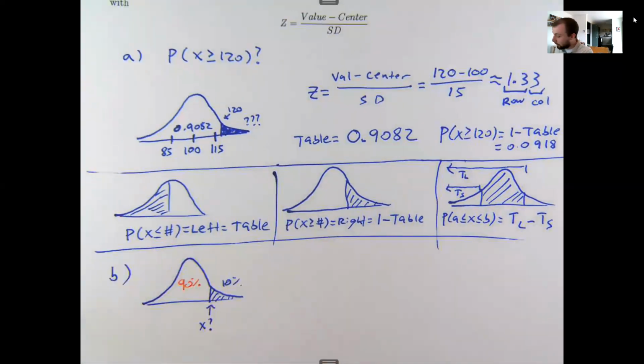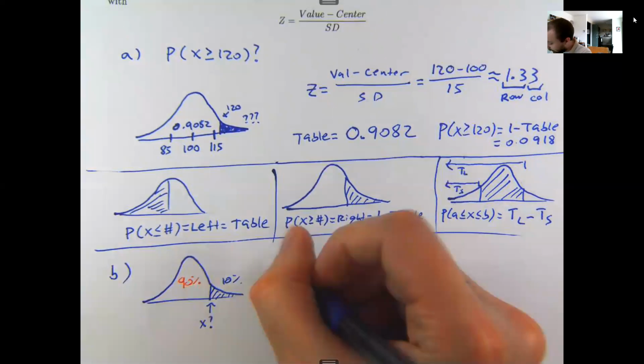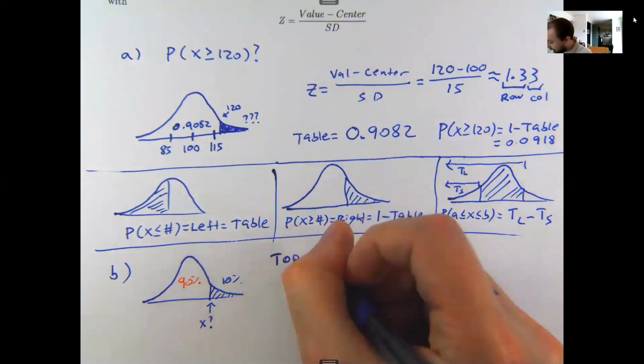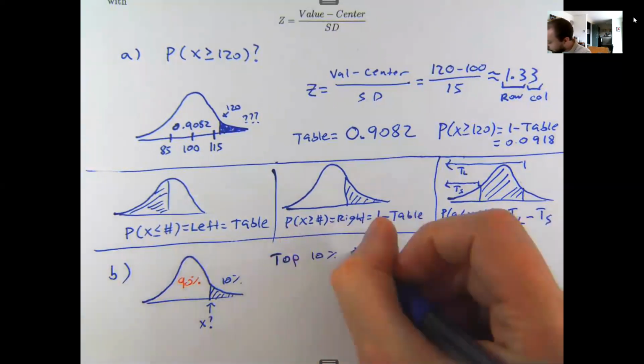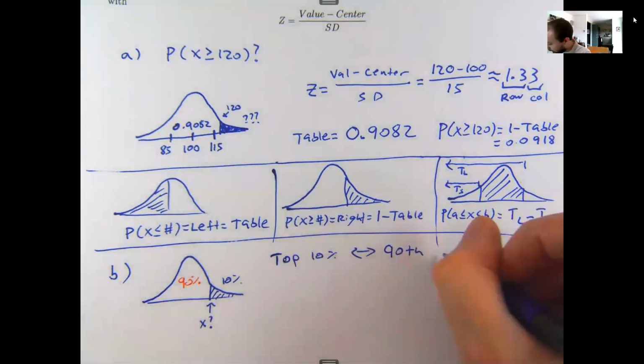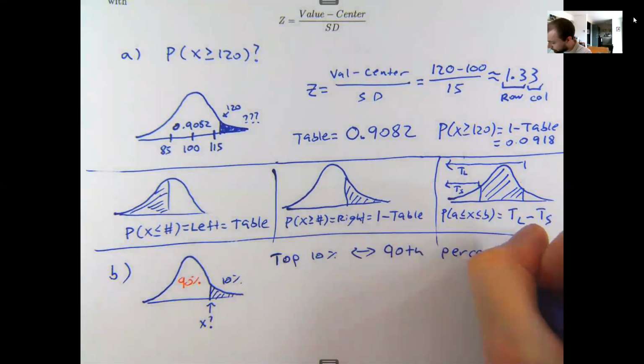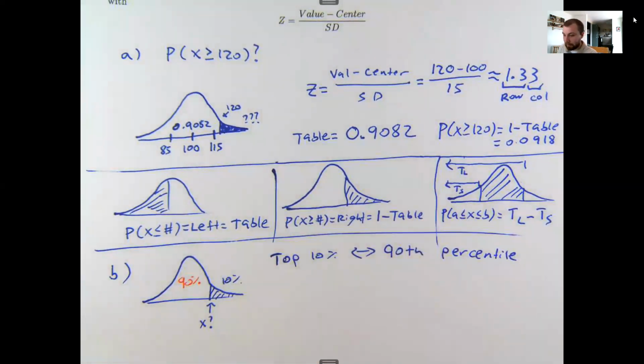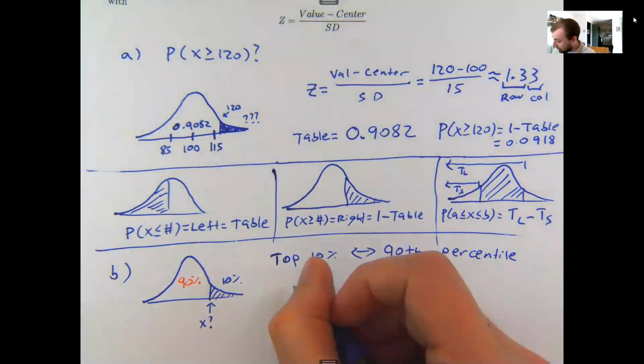So another way to phrase this question of the top 10% is I'm looking for the 90th percentile. This problem's a little bit different because I'm starting out more with the inside area instead of the bottom x values. So here's my thought process about how I'm going to try to do this.